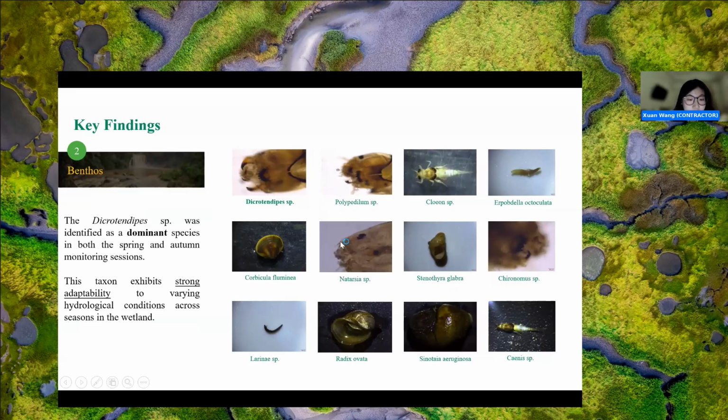One species was a dominant benthos in both spring and autumn, showing high adaptability to seasonal hydrologic change. Its consistent presence indicates a high degree of seasonal stability and ecological resilience within the community structure. Other common species include Polypedilum and Cricotopus. This group's resilience helps assess wetland health.